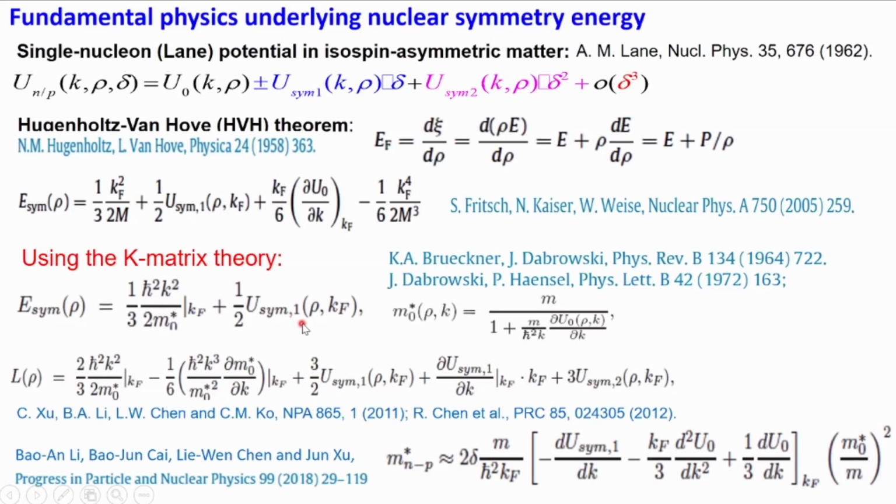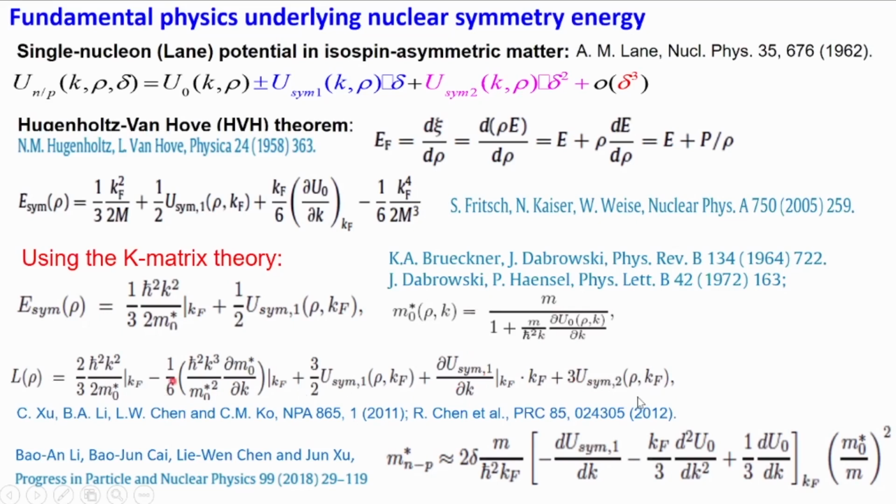If you go ahead to calculate the slope parameter L at an arbitrary density rho, you have these 5 terms. You have contributions from, say, the density dependence of the Fermi energy itself, the momentum dependence of the isoscalar effective mass, and the momentum dependence of the isovector potential.